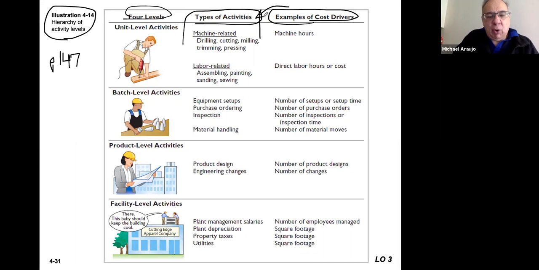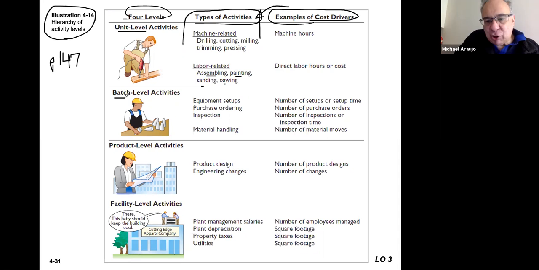Okay, so as a unit level activity, it might be assembling parts or painting parts or sanding down parts or sewing parts. These types of activities are considered unit level. They're done to each unit of production. And so thus labor hours is your main cost driver.